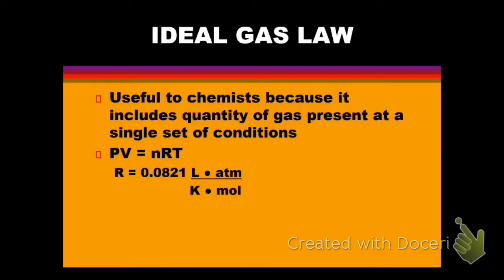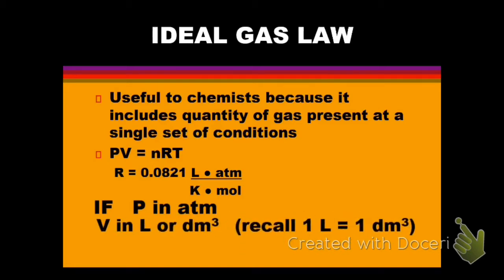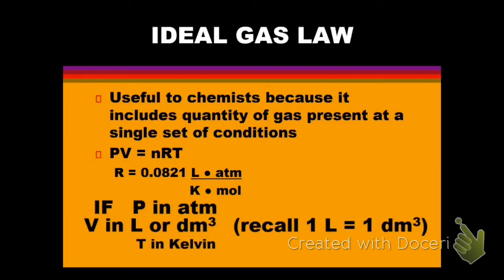So what that means is as long as we have pressure in atmospheres, volume in liters or decimeters cubed, temperature always has to be Kelvin, we don't have a choice there, and n always needs to be moles, R will indeed always equal one number, and that number will be 0.0821.